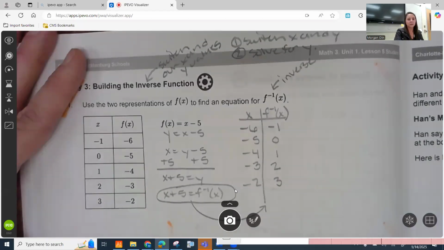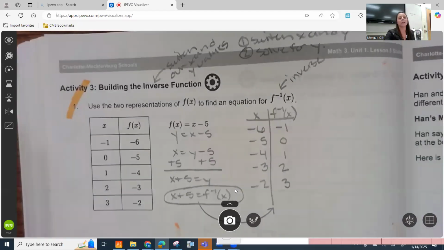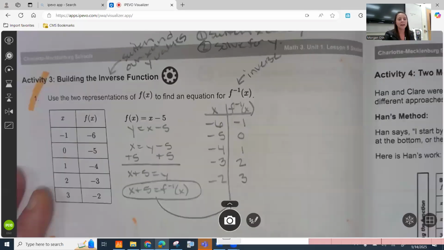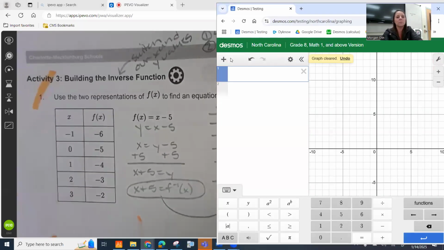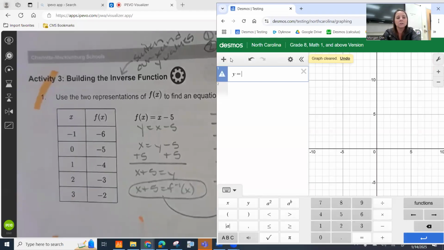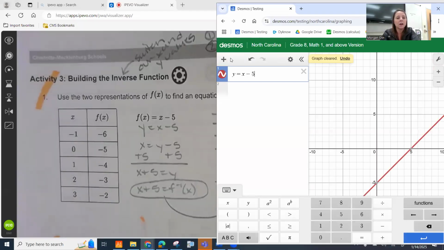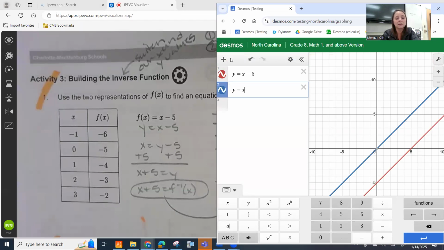All right. So let's go look at this too. And here's another thing. I'm going to go to Desmos right quick. And in Desmos, what I want you to do is let's go plug in y equals x minus 5. All right. And then I want you to plug in y equals x plus 5.